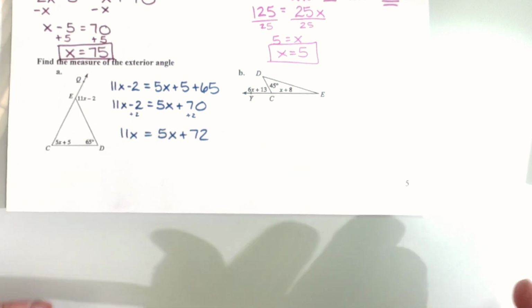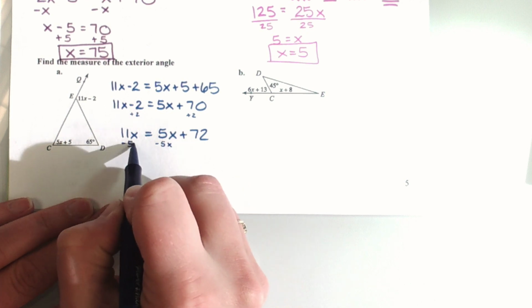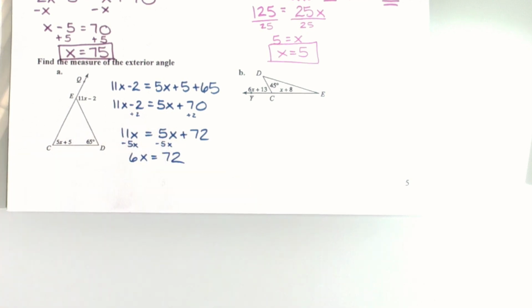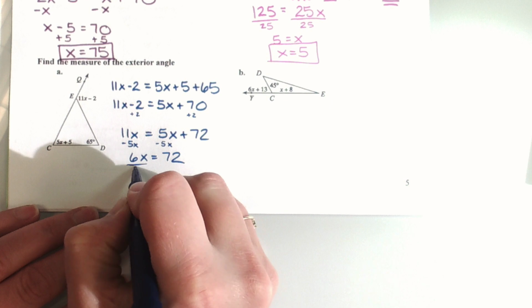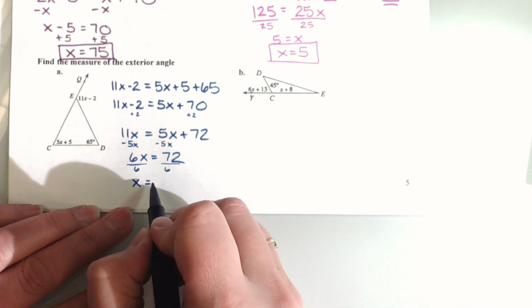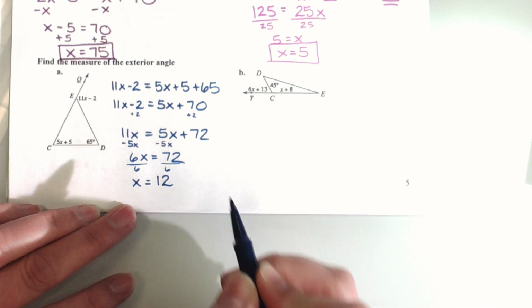Kellen, what would you tell me to do next? Subtract 5x, which would be 6x, and then 6x equals 72. Colin, what would you tell me to do next? Divide 72 divided by 6. X is equal to?